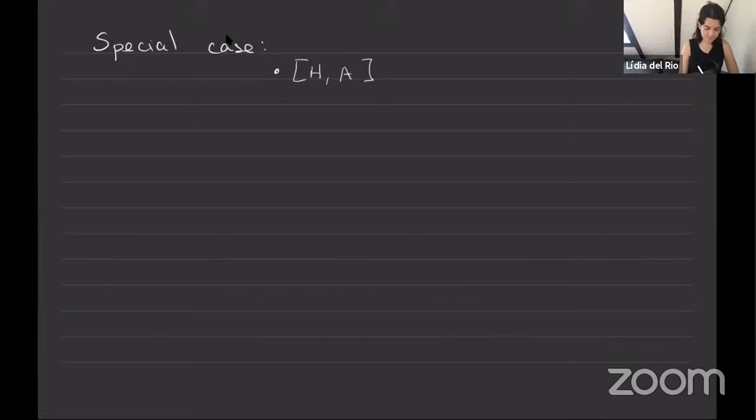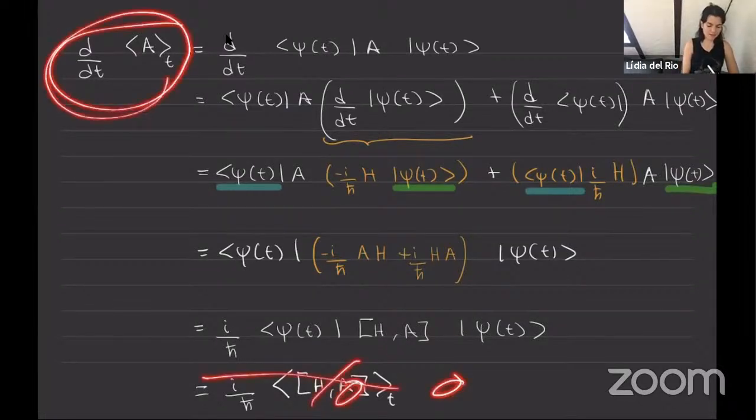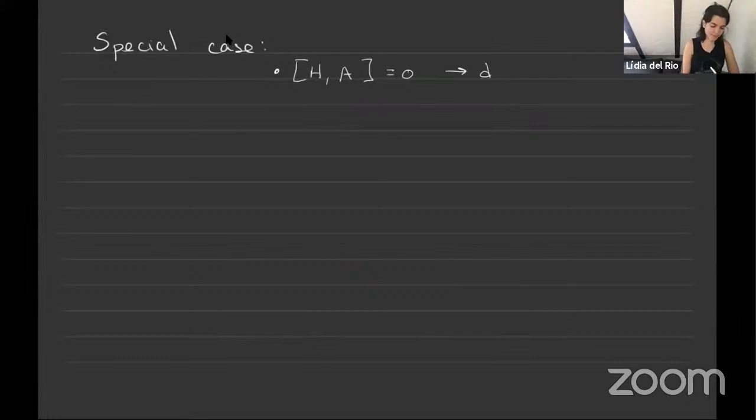Special case number 1. HA commutator equals 0. Then if this is 0, then this whole thing is 0. So then this average is 0, which means that the average of A of t is constant.